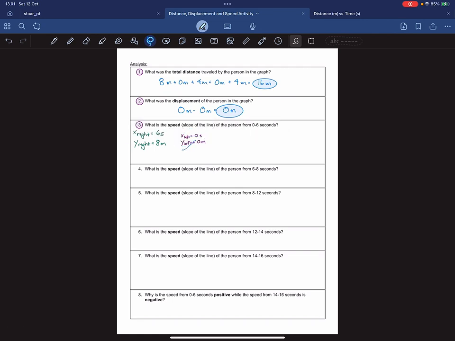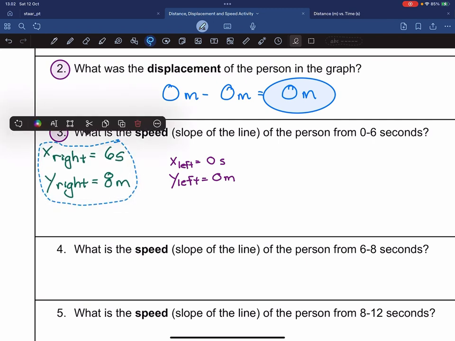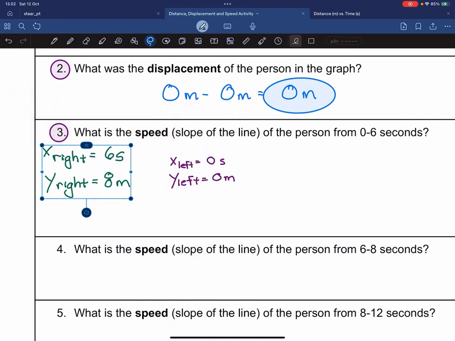I think I might just shrink that a little bit, just to make it a bit smaller.